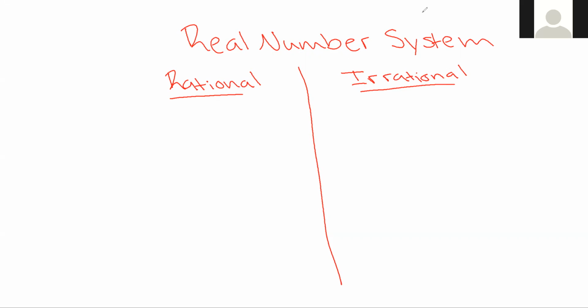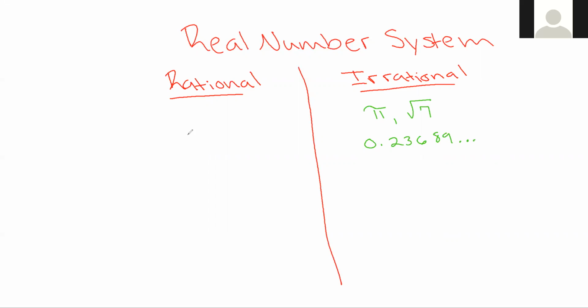And we know irrational numbers consist of pi, our non-perfect squares, like the square root of 7, our non-terminating decimals, like 0.23689... This goes on forever. So our non-terminating decimals and non-pattern decimals. So that is what the irrational side contains.